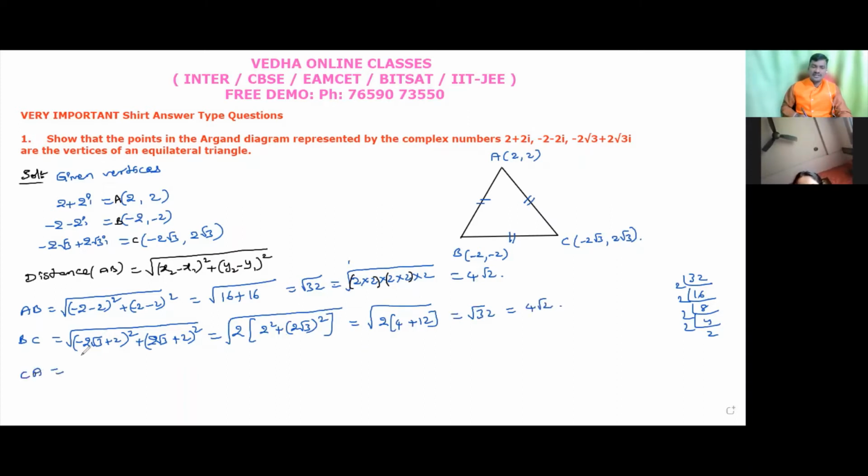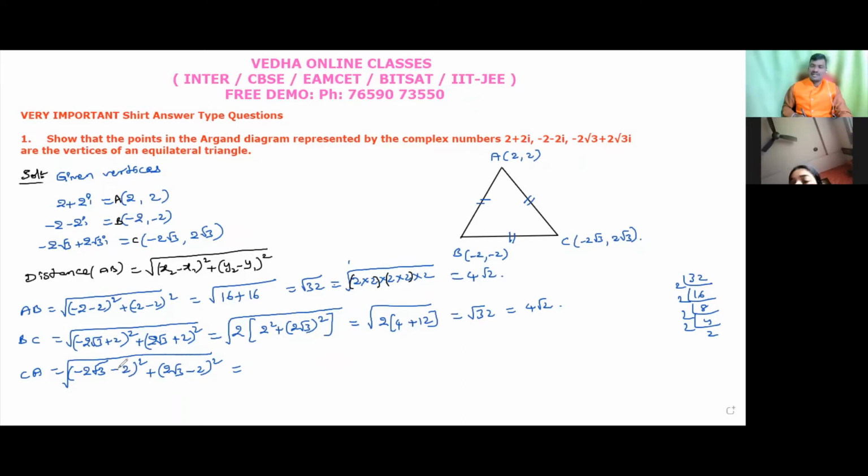Similarly, find the distance AC. Here minus 2 root 3 minus 2 plus 2 root 3 minus 2, the same thing, we can apply the same formula.